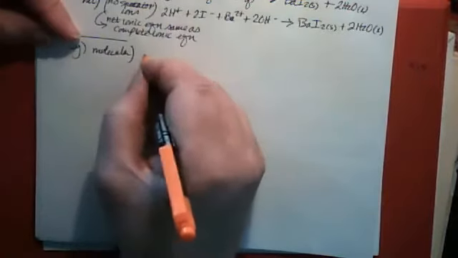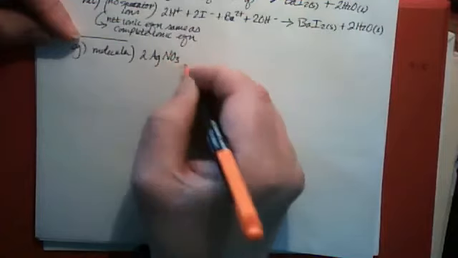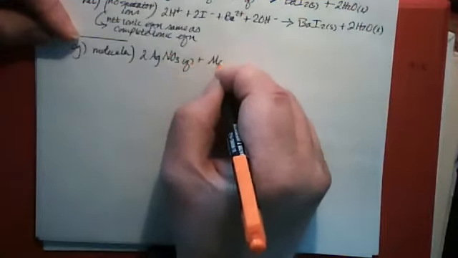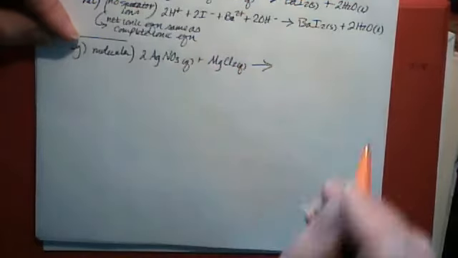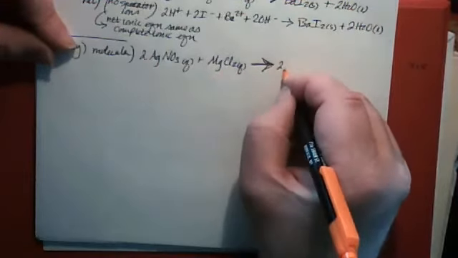Okay, so if you have a molecular equation that's 2AgNO3, that is 2 silver nitrates, plus magnesium chloride, and those are both soluble ionic compounds. The products will be 2 silver chlorides.